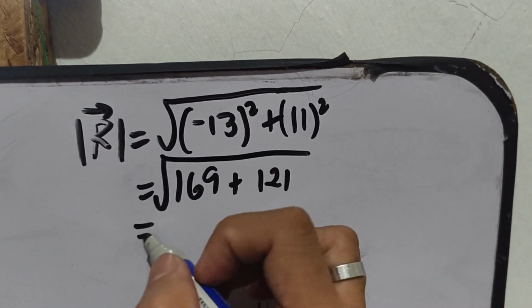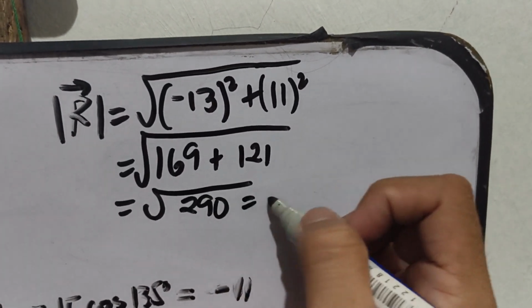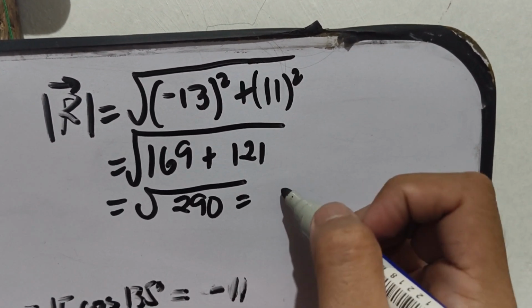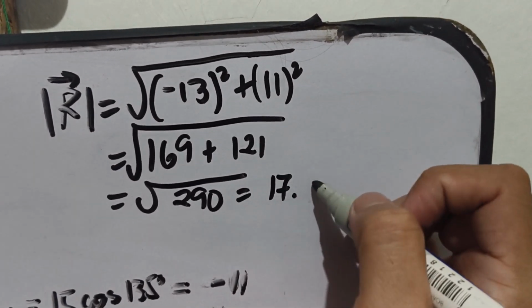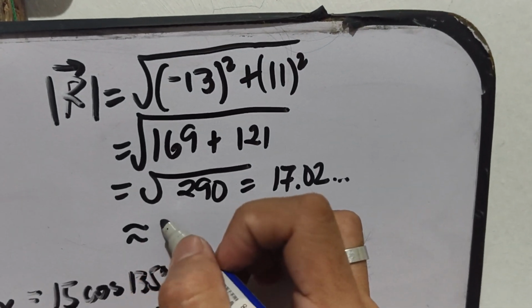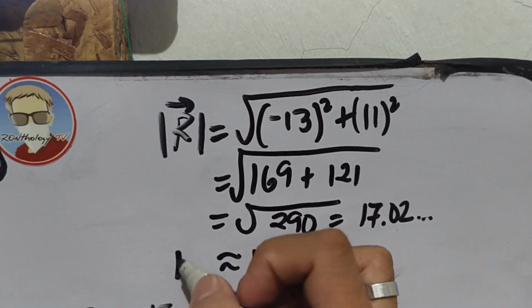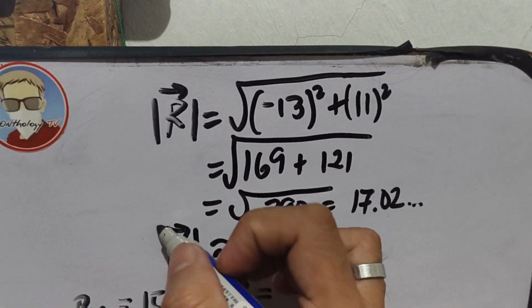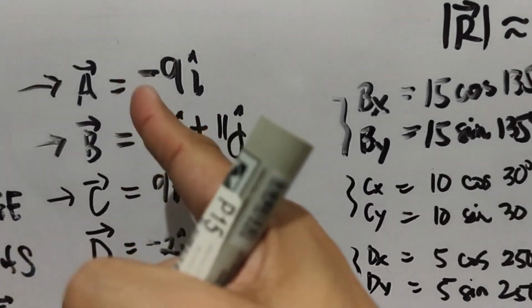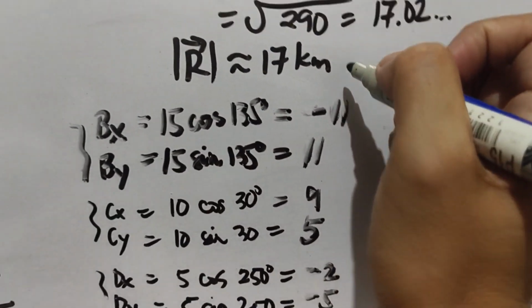So it's the square root of 290, or approximately 17.02, or 17 kilometers. So we get the same answer using IJK notation.